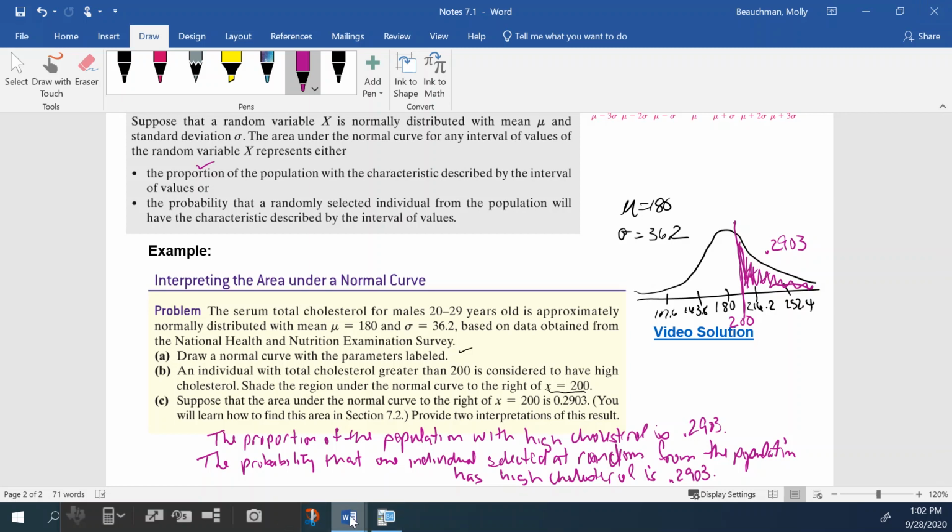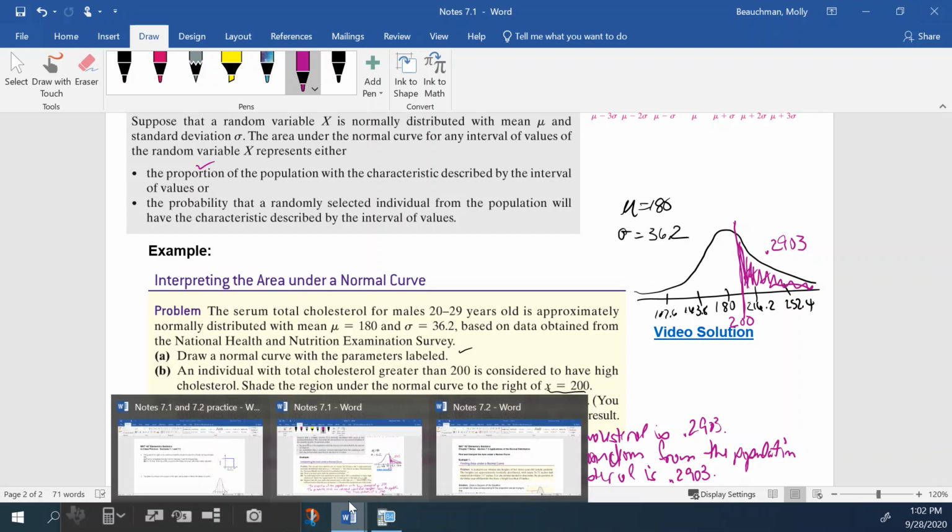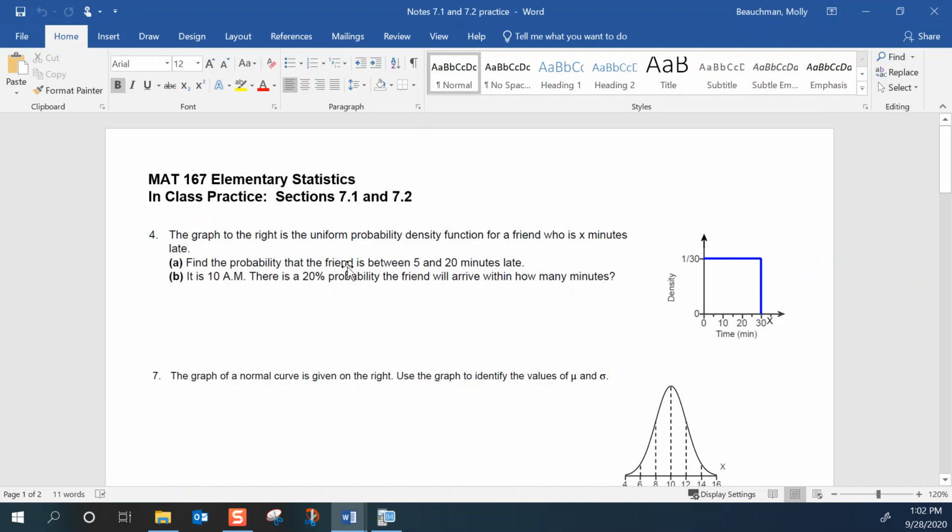So a couple of items on homework that have to do with this section. These are some practice problems. The graph to the right is the uniform probability density function for a friend who is X minutes late. Find the probability the friend is between 5 and 20 minutes late. So this is that uniform probability. We have a rectangle, and we know the height of our rectangle is 1/30 and the width is 30.